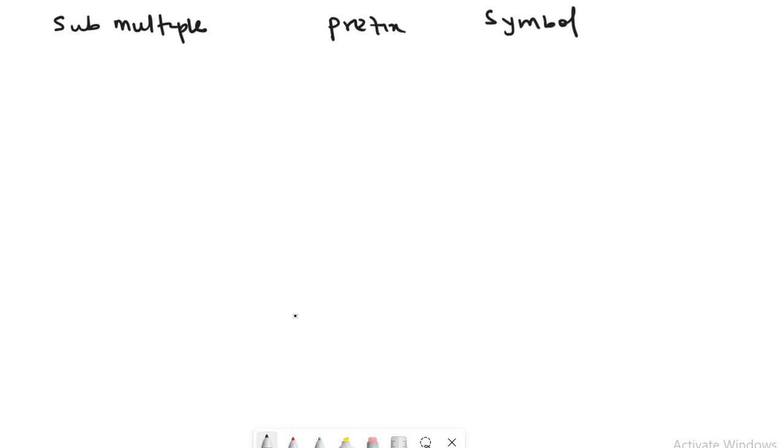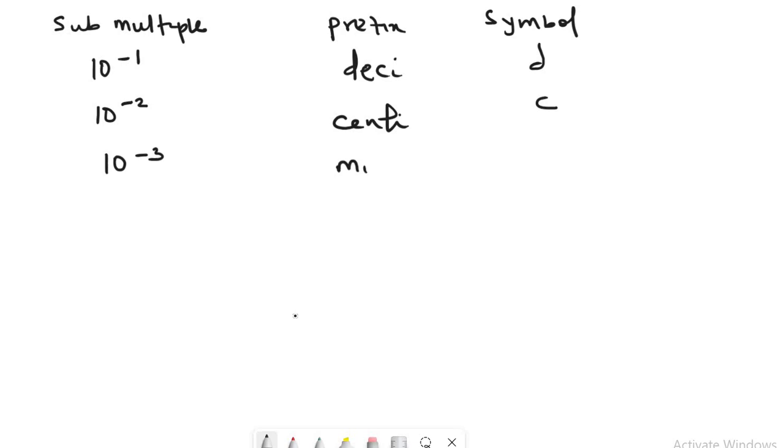Now, what are the submultiples we have? 10 raised to power negative 1, the one you call deci. The symbol is small letter d. 10 raised to power minus 2, the one you call centi, as in centimeter. The symbol is small letter c. 10 raised to the power minus 3, the one you call milli, as in millimeter. That's m, small letter m.